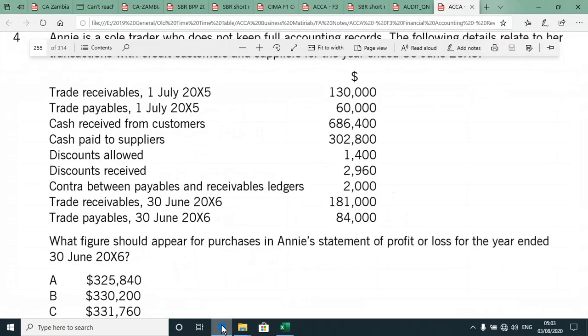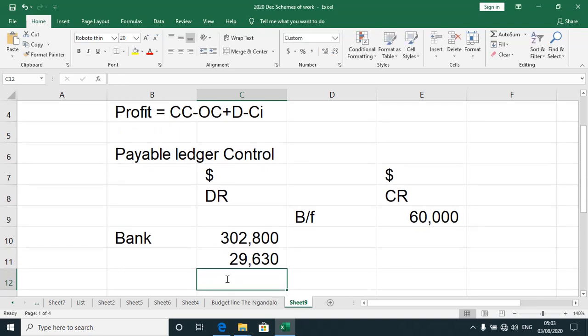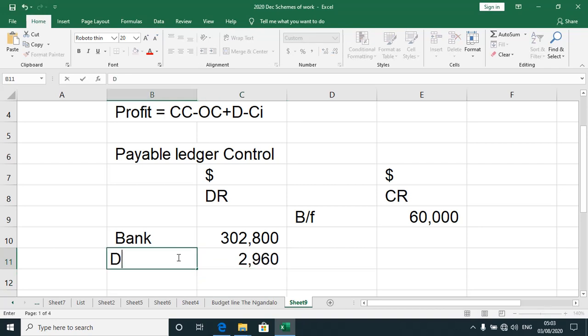Next, what else do you have? Cash discount allowed, not relevant. Discount received 2960. So that one comes there. Let me write it in advance. It's called discount.